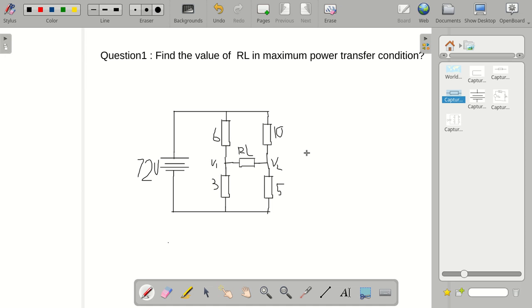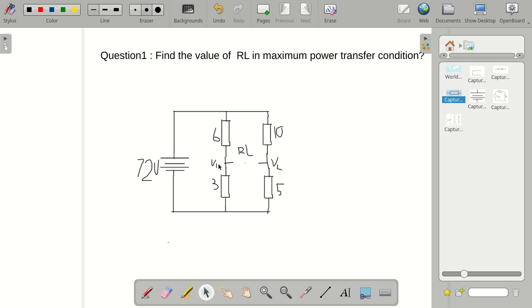So to find out the value of RL, we must find out the Thevenin equivalent circuit of this system. To find the Thevenin voltage, we first remove this RL from here and then find the voltage between these 2 points, V1 and V2.